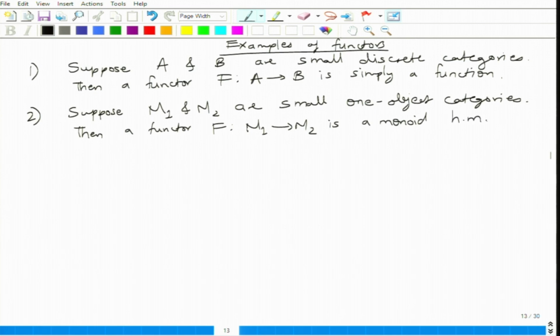Homomorphism is just HM. Okay. In particular, groups, if M1 and M2 happen to be groups, then it will be a group homomorphism, right? And even if G1 is a group and G2 is just a monoid, then what will happen?